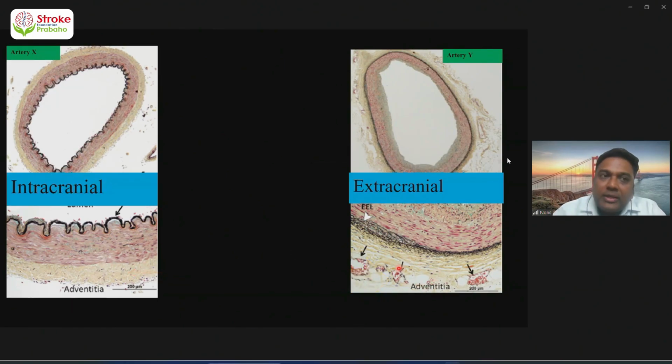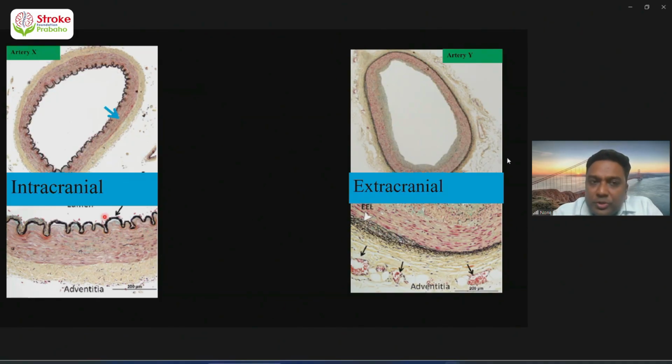So clearly, artery X is an intracranial artery, meaning there's internal elastic lamina but no external elastic lamina. Whereas an extracranial artery will not have internal elastic lamina, but has an external elastic lamina. And vasa vasorum is absent in the intracranial arteries.